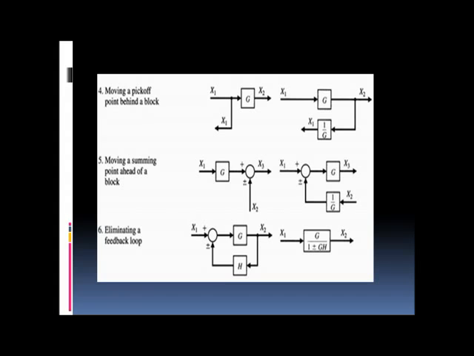Besides this, you also have another rule which is called paralleling of two blocks. Now in paralleling of two blocks, if you have two blocks in parallel branches and both the branches are going in the same direction, that is the arrows are pointing in the same direction, then those two blocks can be paralleled.